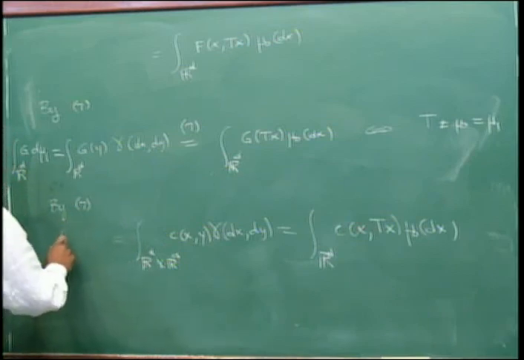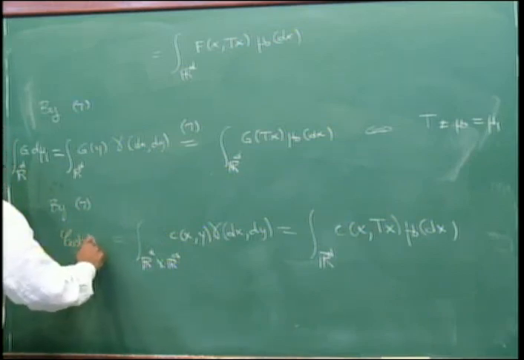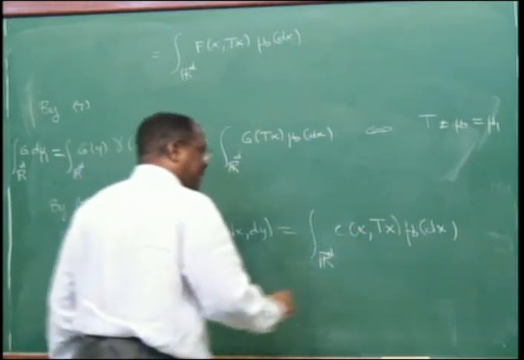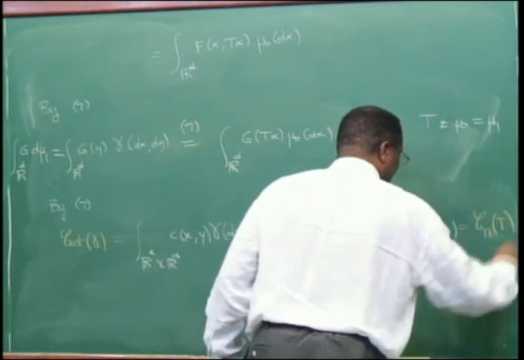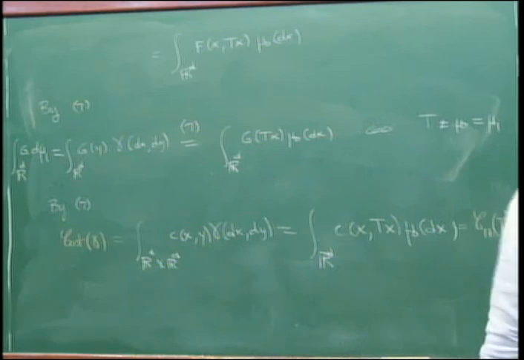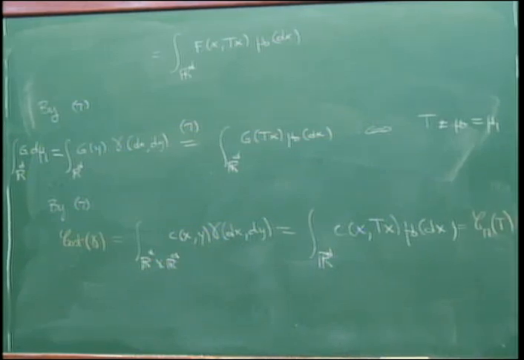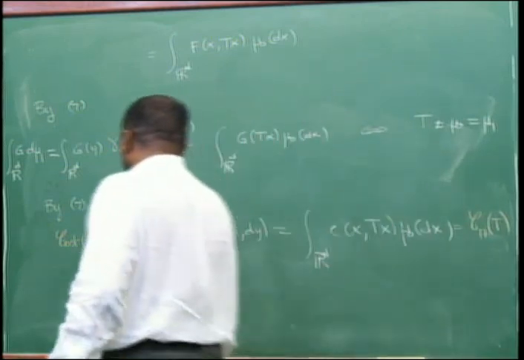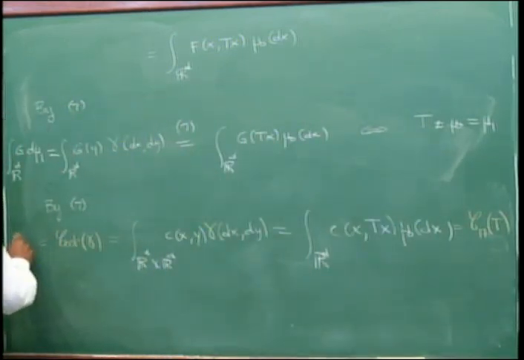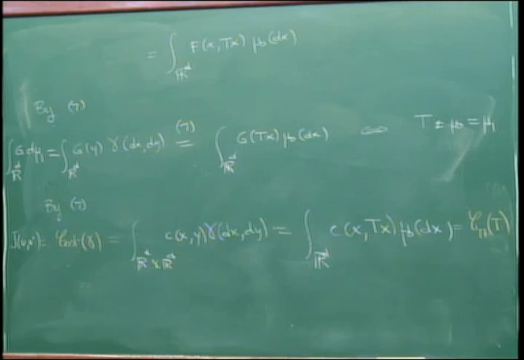The left-hand side is the cost of Kantorovich, the right-hand side is the cost of Monge. This shows that T is the minimizer in the cost of Monge.